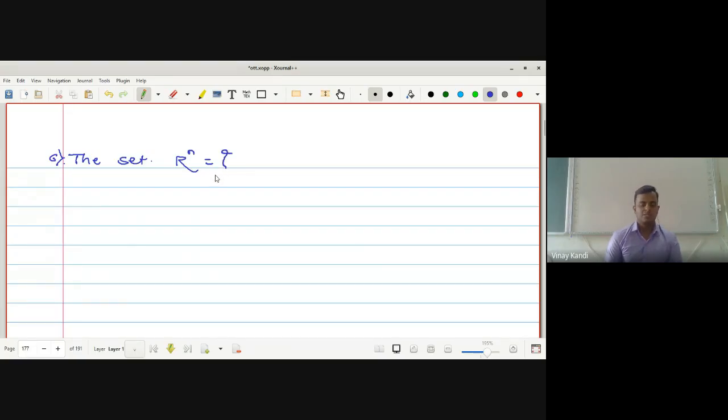N tuples, where all the entries belong to R. In the circular bracket A1, A2, A3 up to so on An, where all the Ai belong to capital R. So this is the set Rn, n tuples, where all the entries belong to R, is a vector space.